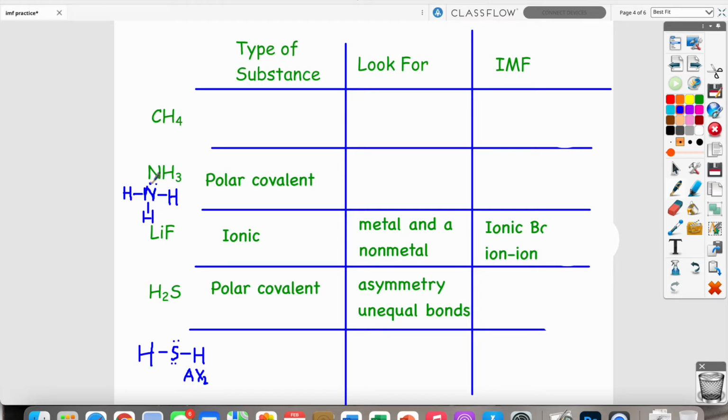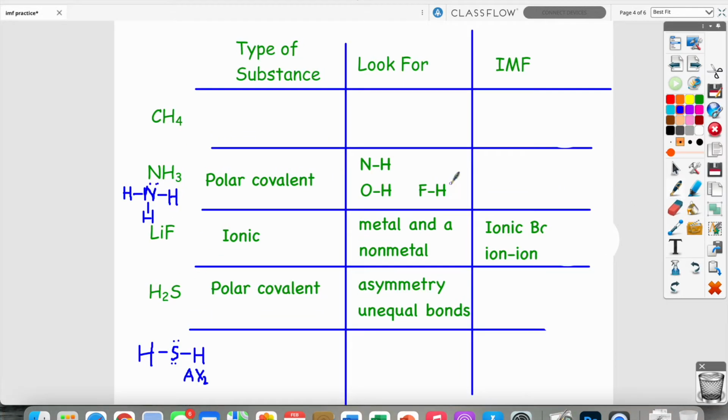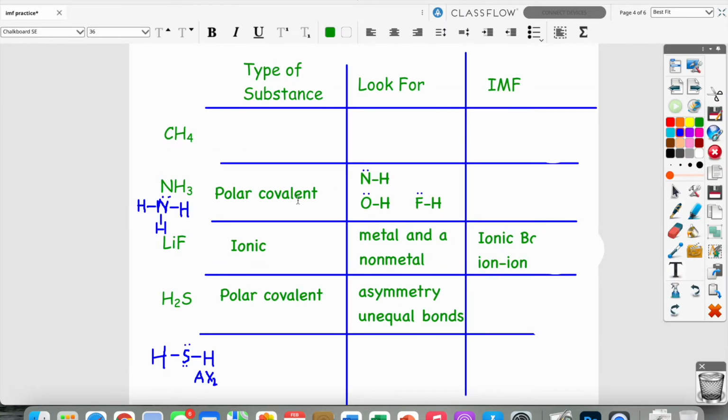So this guy has one of these special polar covalent compounds that has either NH, OH, or FH, and we need to make sure we have dots on them. We definitely have to have unshared pairs. So this thing here is not just polar covalent, it is polar covalent with hydrogen bonds. That's important, that we're looking for one of the special polar covalent compounds, so it has hydrogen bonding.